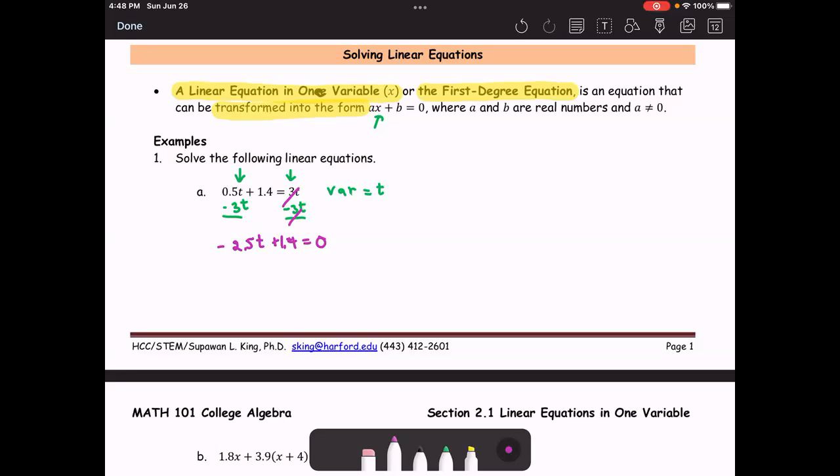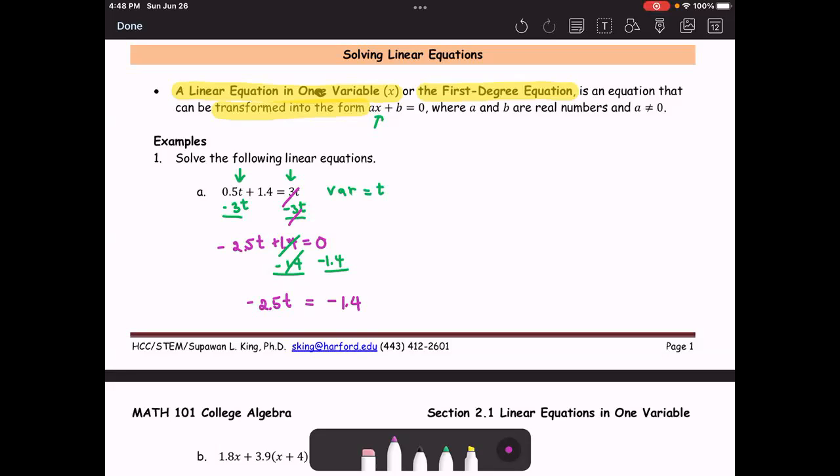And then what we have to do next, we are going to isolate the variable t term by itself. So we're going to subtract 1.4 both sides of the equation. And then at this point, we can see that the left-hand side remains negative 2.5t. The right-hand side is negative 1.4. And then we're going to solve for t.